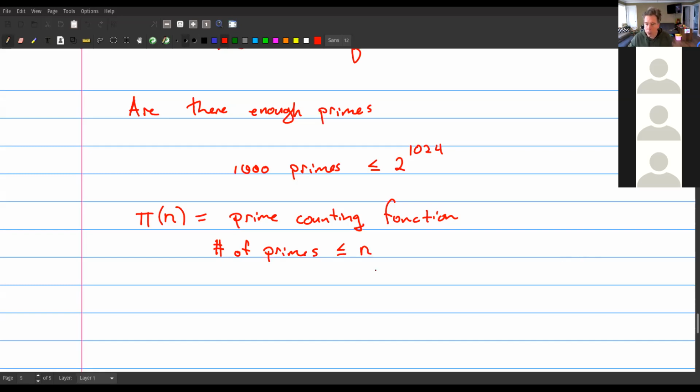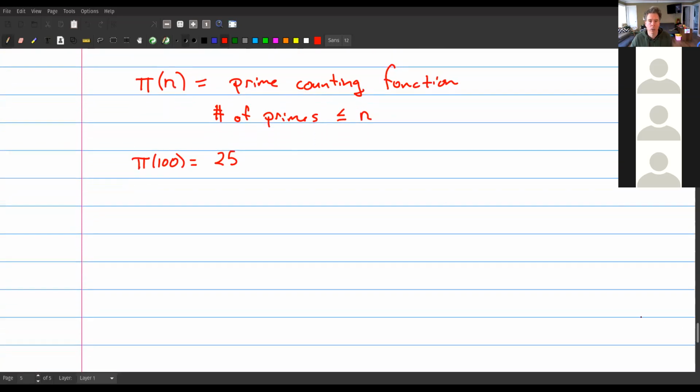So for example, pi of 100, I just did this in Python, so I might be off by 1, but there are 25 primes less than or equal to 100, which is the same thing as less than 100, right?